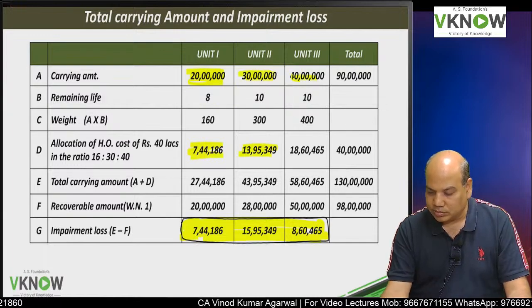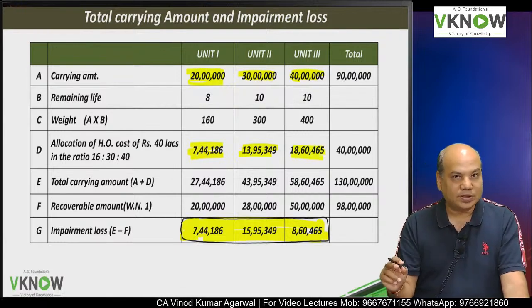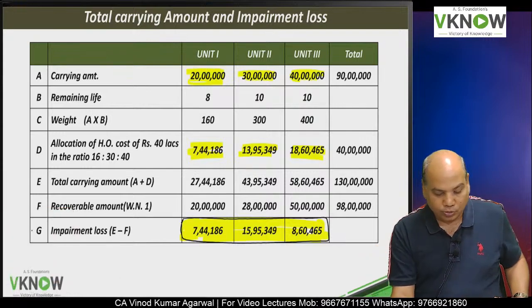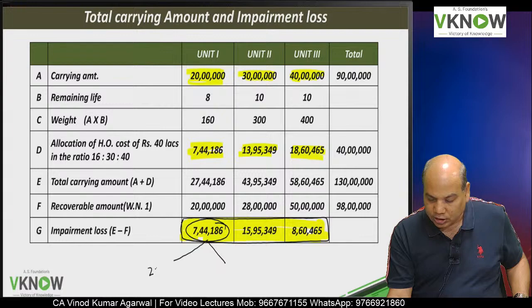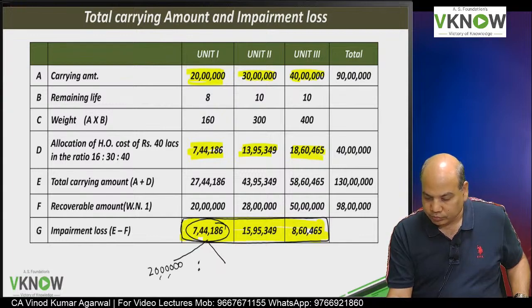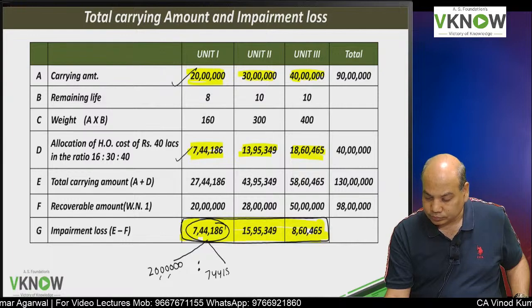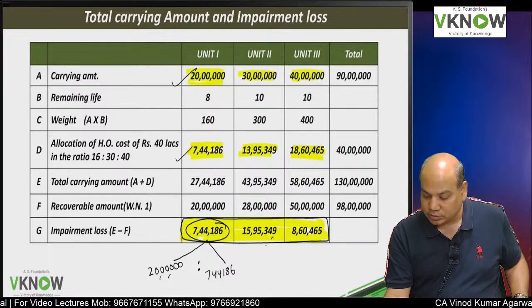So highlight these numbers because the answer is not over. The bottom up test is still in progress. I am going to explain, then I am going to go to the next table. This loss of 7,44,186 will be allocated to the unit and the HO building in the ratio of 20 lakh to 7,44,186.